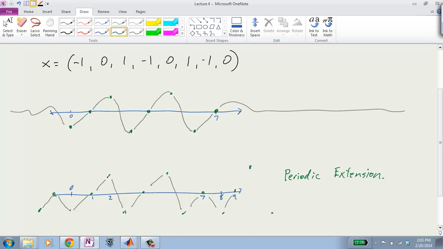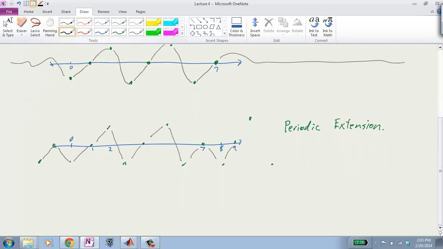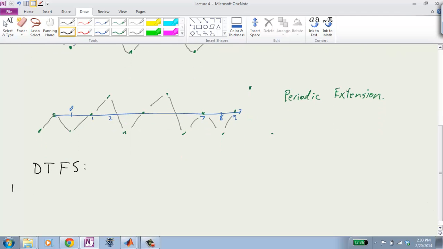Well, great, because for any periodic signal, the discrete time Fourier series is well defined, right? So then let's take the DTFS, and by that I mean discrete time Fourier series.